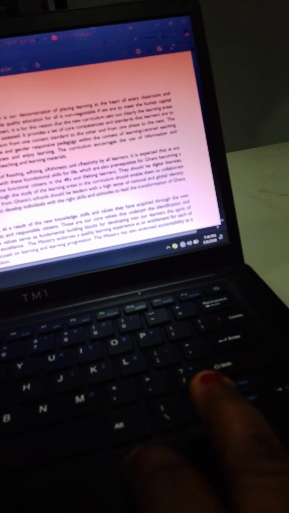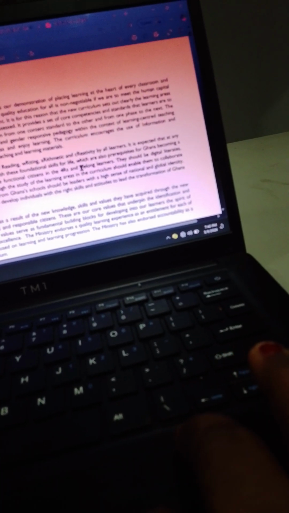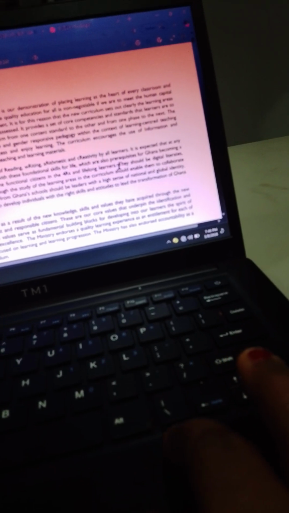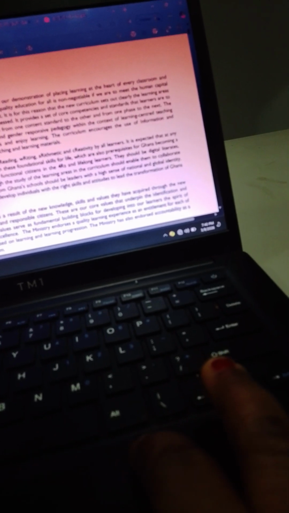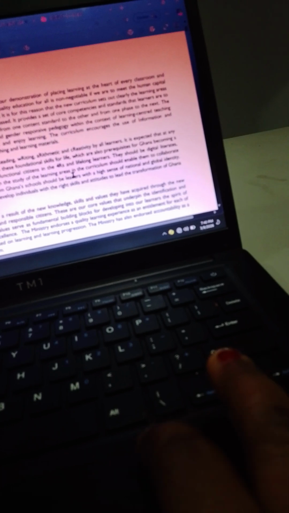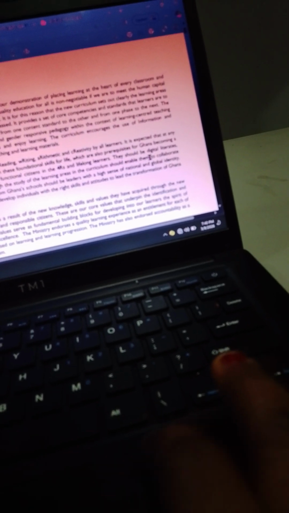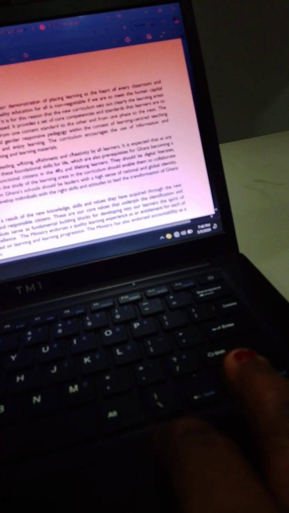The graduates from the school system should become functional citizens in the 4 R's and lifelong learners. They should be digital literates, critical thinkers, and problem solvers. The education they receive through the study of the learning areas in the curriculum should enable them to collaborate and communicate well with others and be innovative.